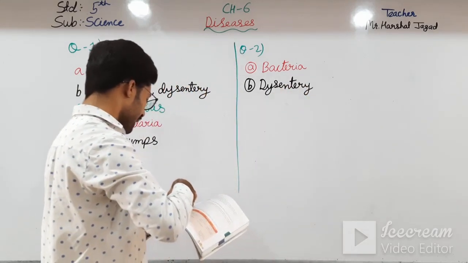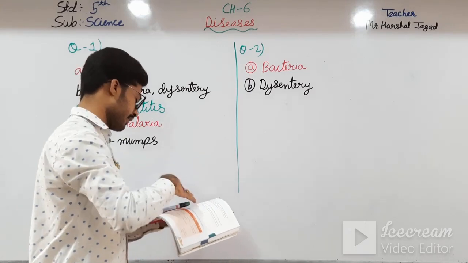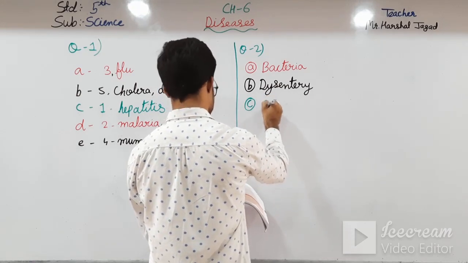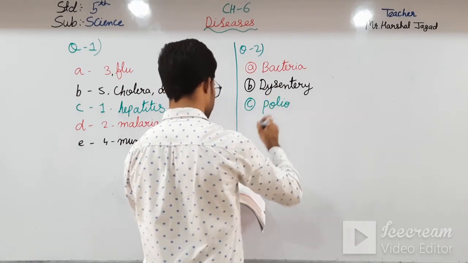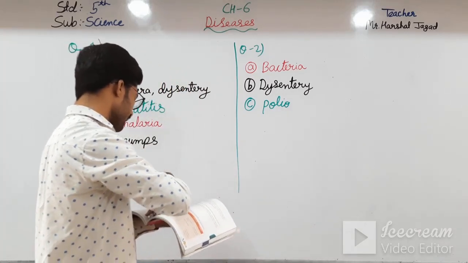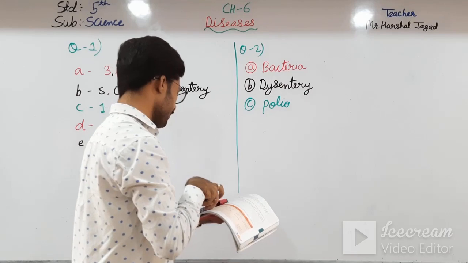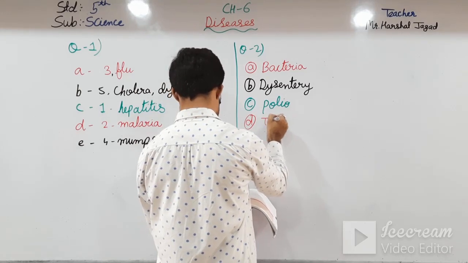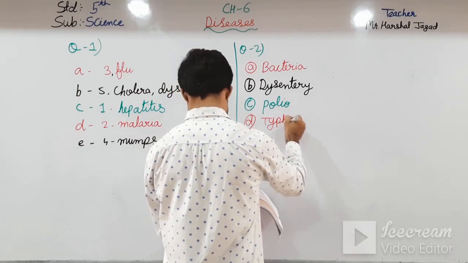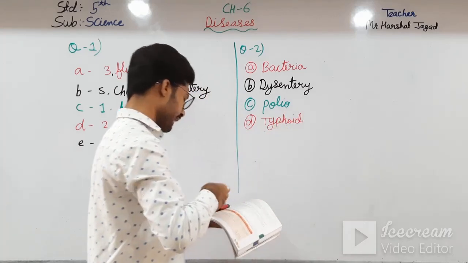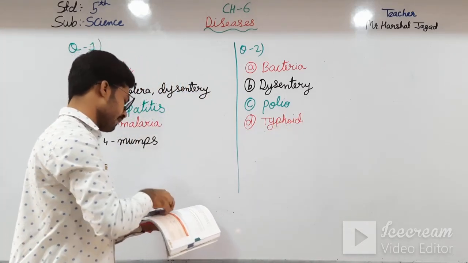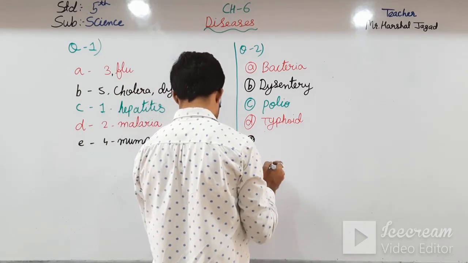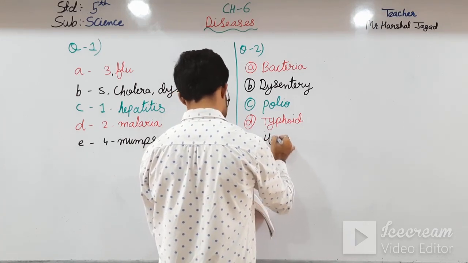C, inoculation protects you against dash, polio. C, that is polio. Then comes D, dash affects the digestive tract, that is typhoid. E, dash is a waterborne disease, that is hepatitis.